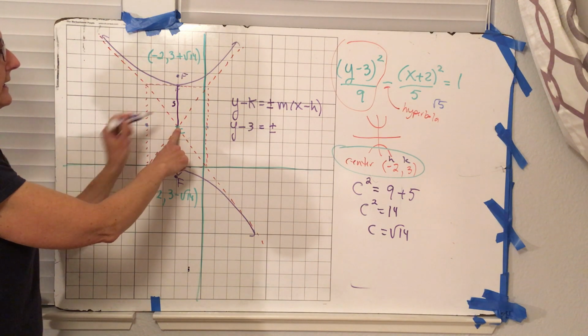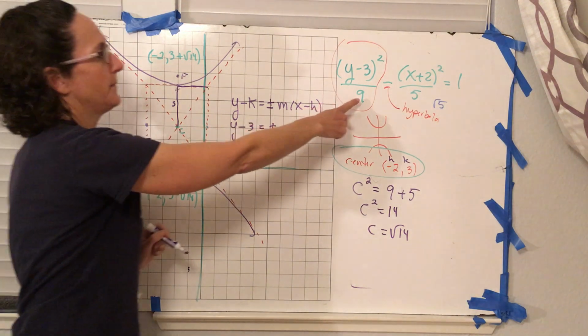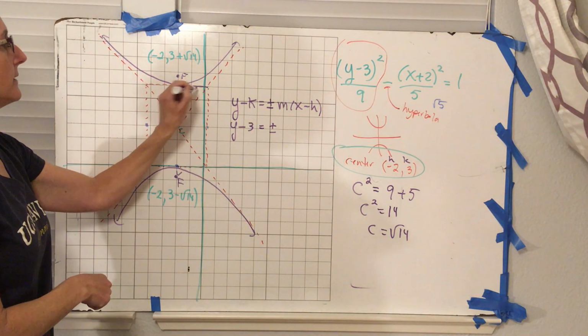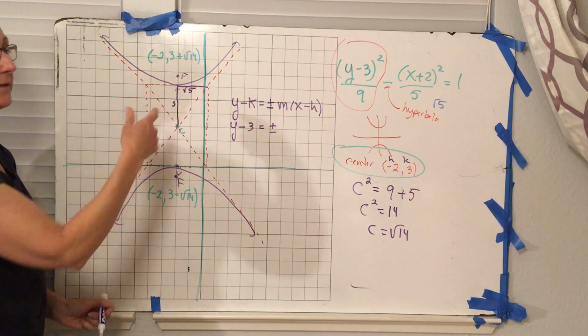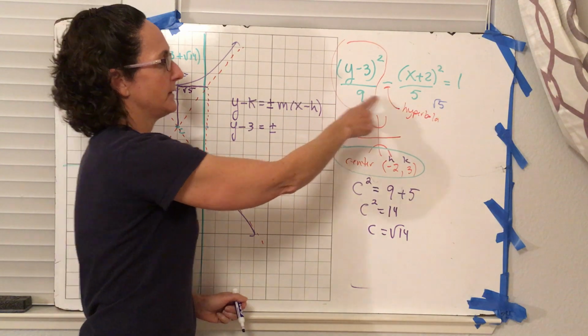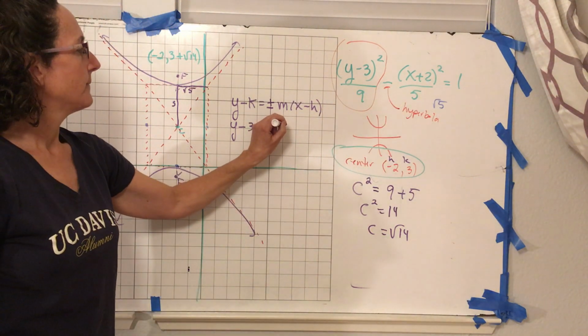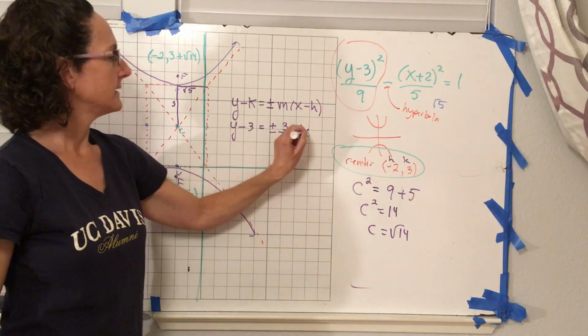And then if you run right here, you have to be careful. It's up 3 over root 5, so this is root 5. Okay, so the slope is up 3 over root 5, and I get those numbers from here. Then x minus the x part is x plus 2.